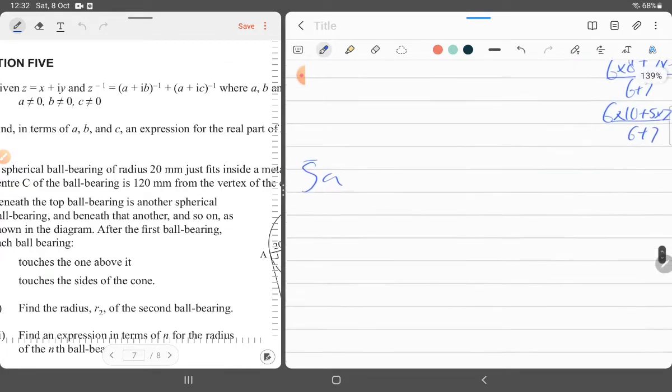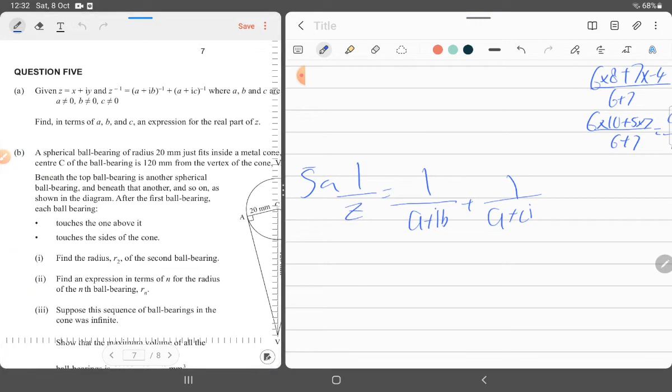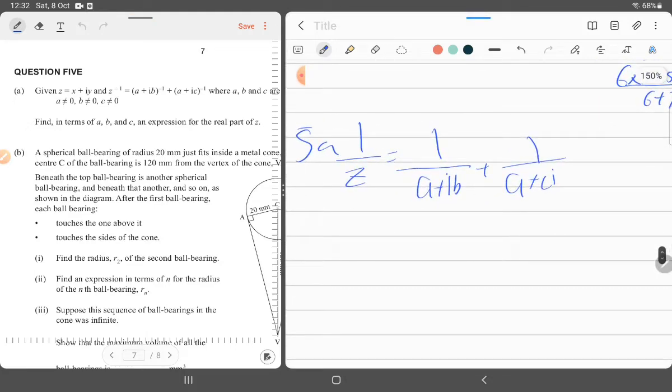Given that 1 over z is equal to 1 over a plus ib plus 1 over a plus ic. I think we want 1 over z to be a take away ib over a squared plus b squared plus 1 over a squared plus c squared, a take away ic.